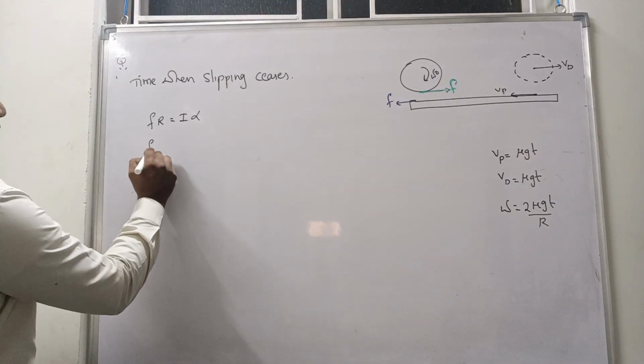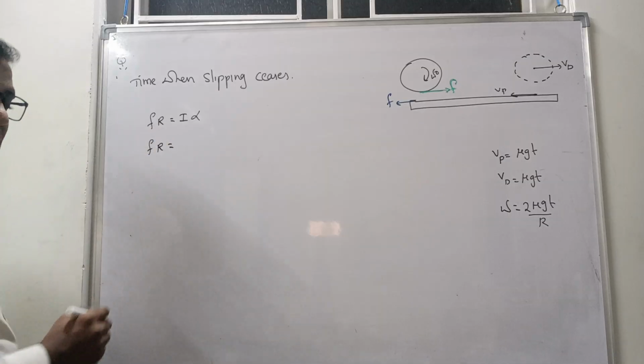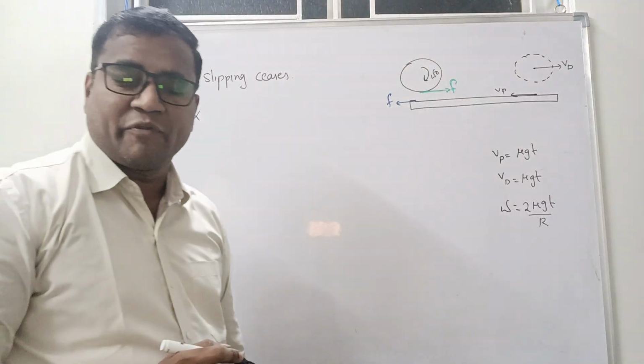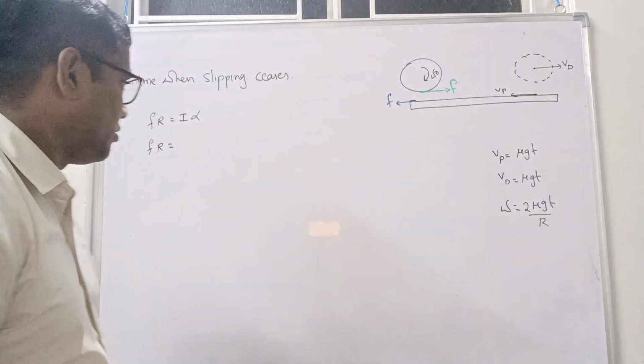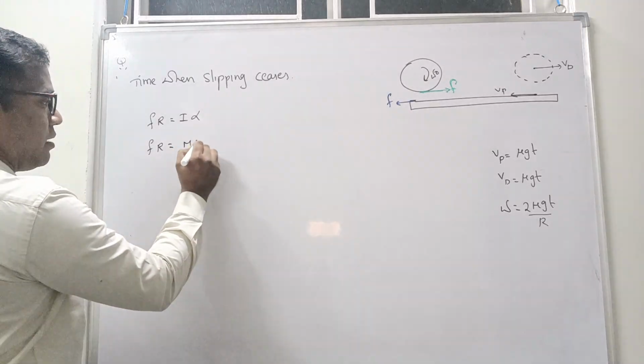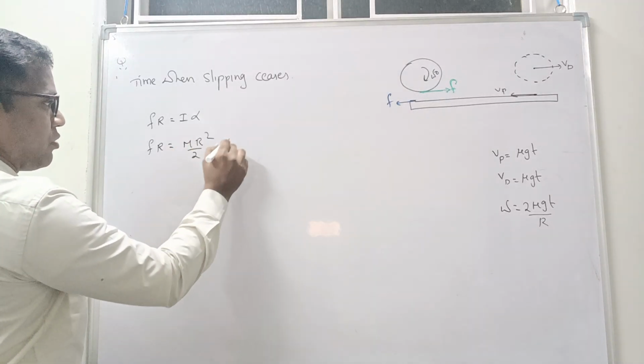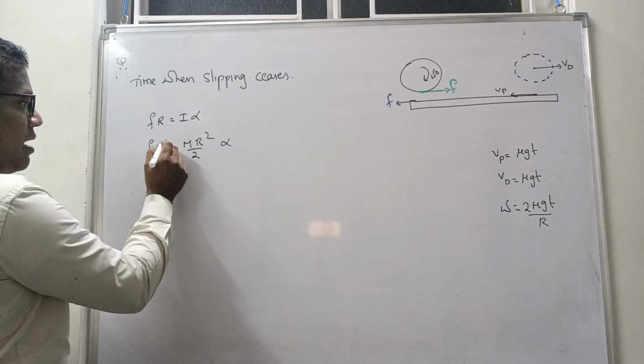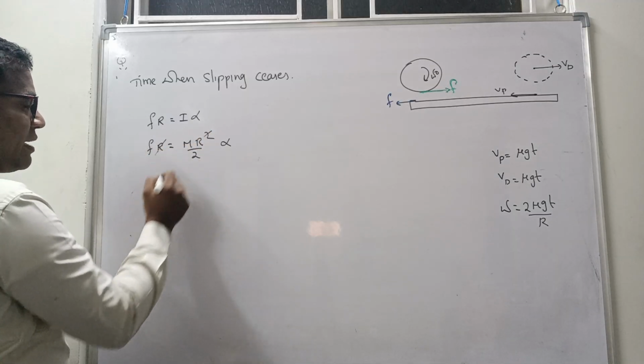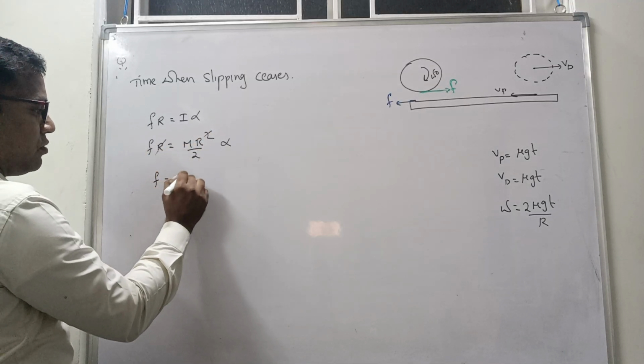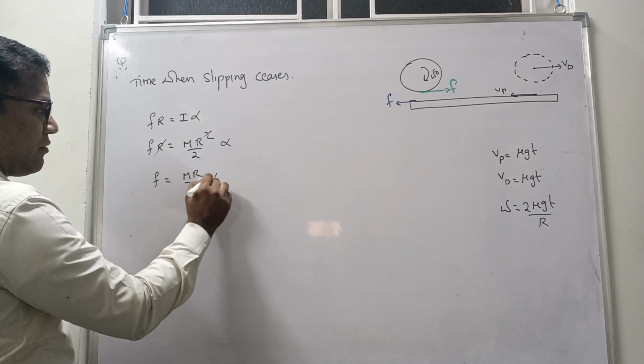So F R is equal to I alpha. What is I? Moment of inertia. Moment of inertia of the disk is mr square by 2, which is multiplied by alpha. So here R will cancel. So F is equal to mr by 2 into alpha.